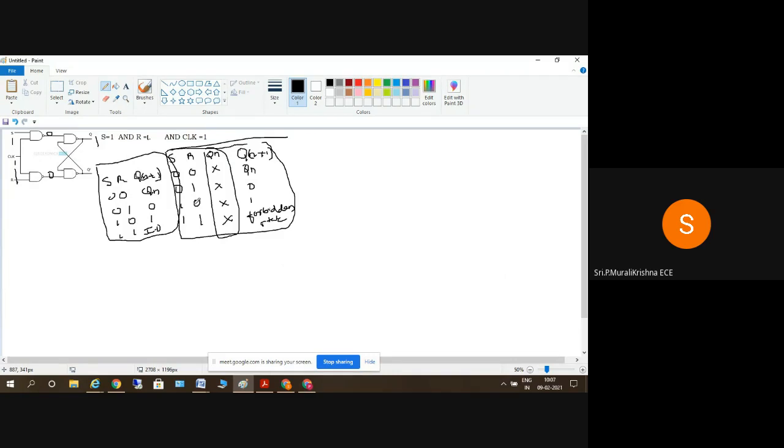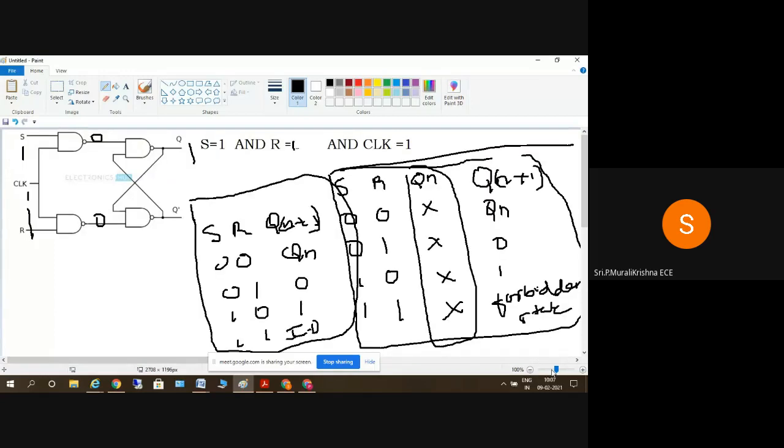Why I'm explaining is that you have to get the idea of why we got these values, because you have to understand why we got those values. Clear? Next, I need an equation for Q of n plus 1.